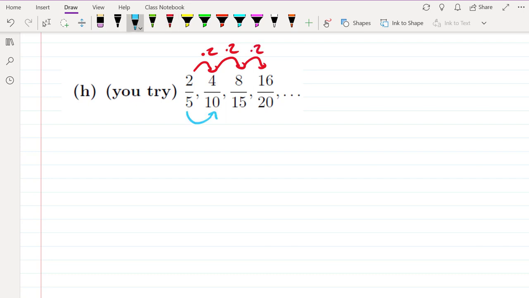And in the denominator, to get to the next term, I'm adding 5, I'm adding 5. So then my h sub n is going to equal, well, multiplying by 2 each time, I'm going to have 2 to the n in the numerator, and then adding 5 every time is 5 times n. So h sub n is 2 to the n divided by 5 times n.